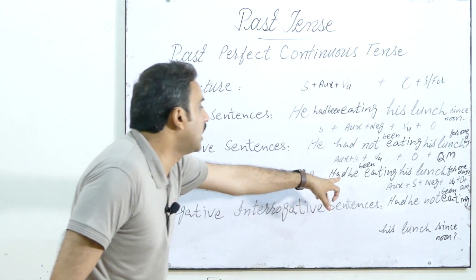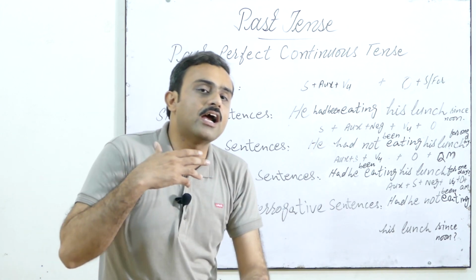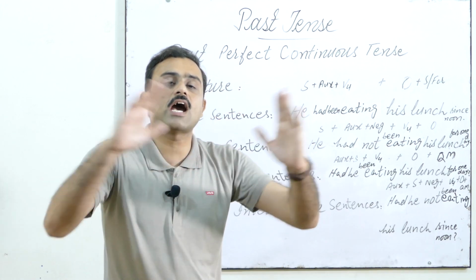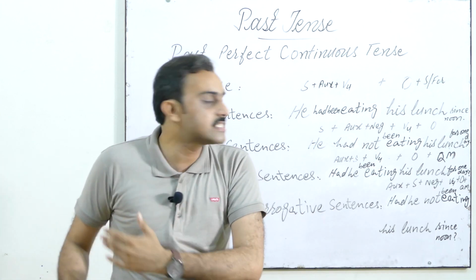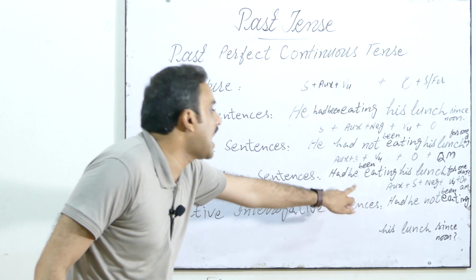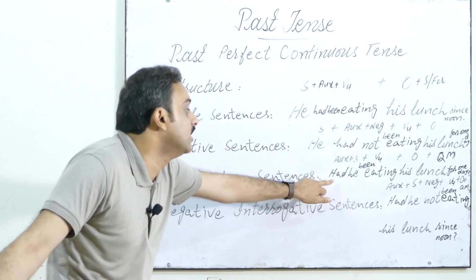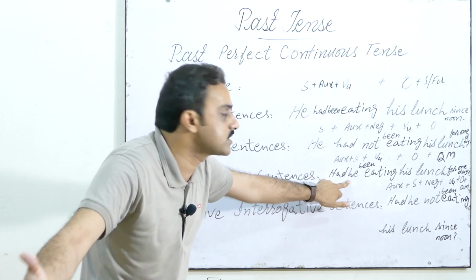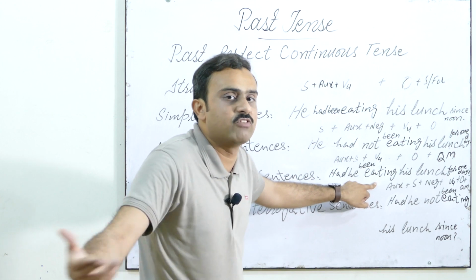Here we have the auxiliary had at first, which means in interrogative sentences we have the auxiliary before the subject. So I used had before he. He is what? This is your subject. Then we move towards been, and then eating, V4.